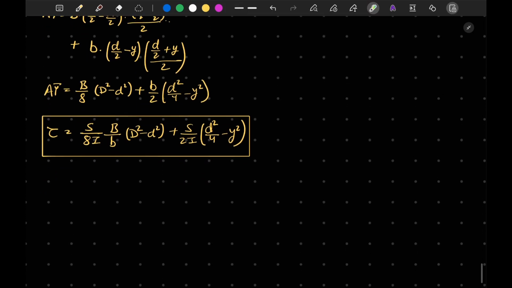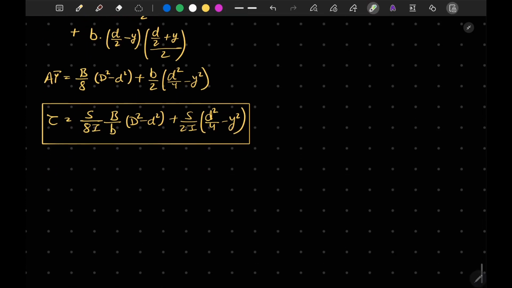We can obtain that value of stress using the equation, at y is equal to d by 2.